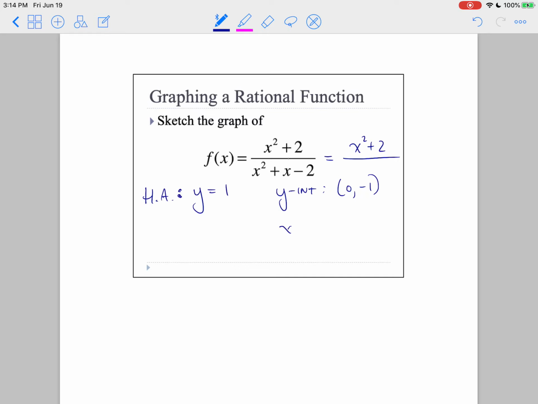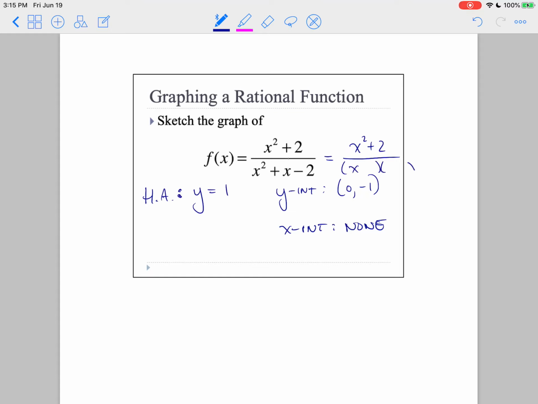I don't think you can. And so as far as x-intercepts go, there are none. I should not touch the x-axis at all during my graph.